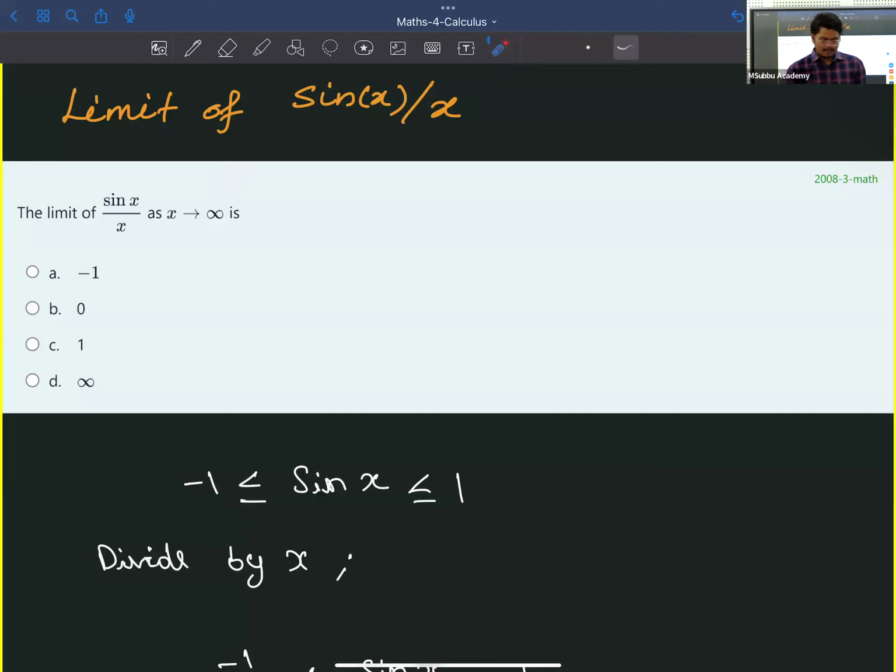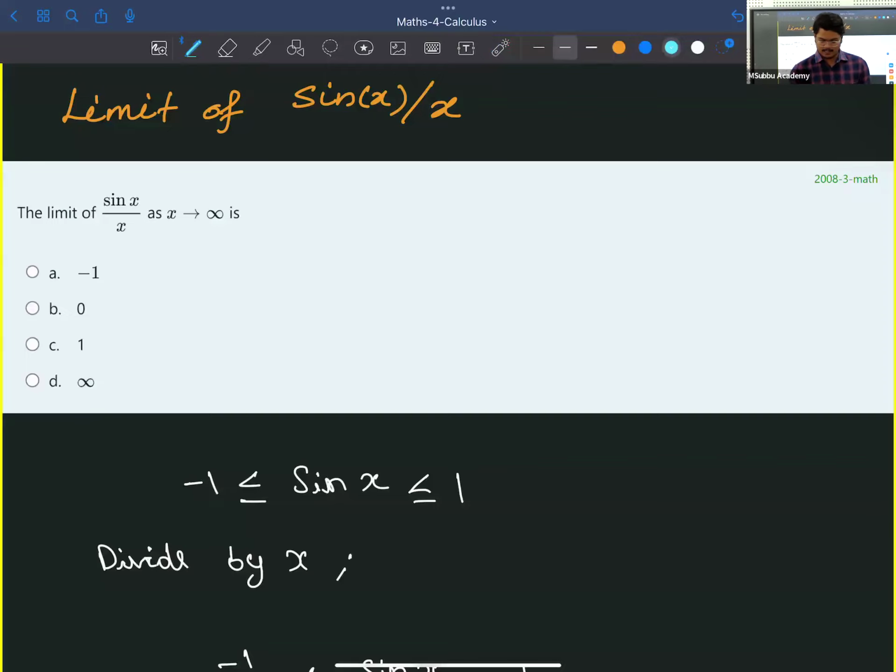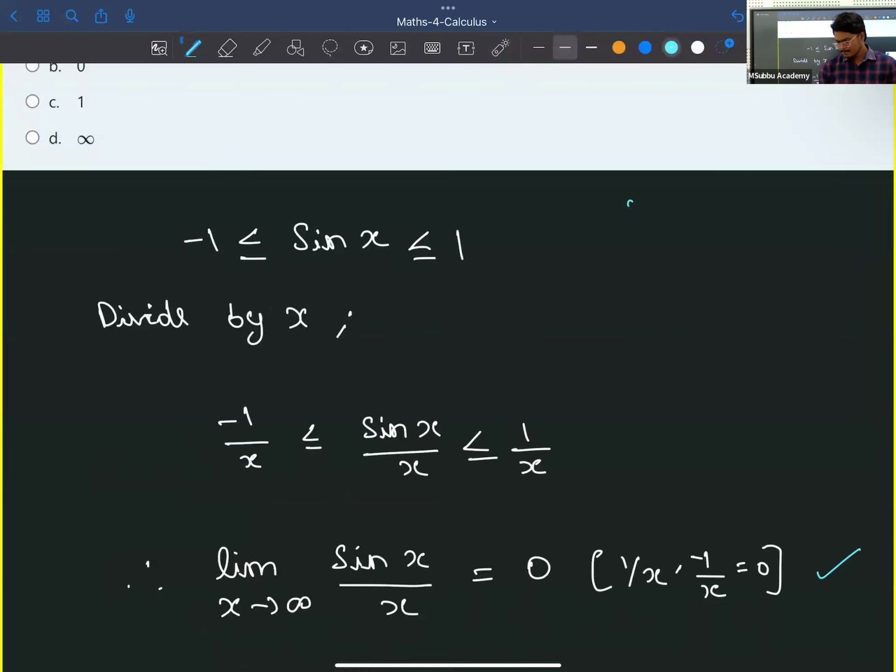For example, let us take sin x by x where x tends to 0. I'll just give you an example here. Sin x by x, limit x tends to 0. When we substitute x tends to 0 here, it will be sin 0 by 0, which is now in the 0 by 0 form.